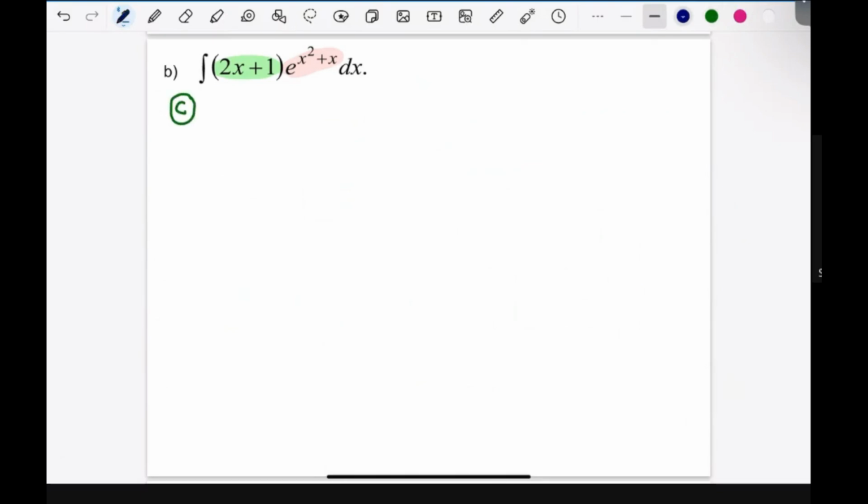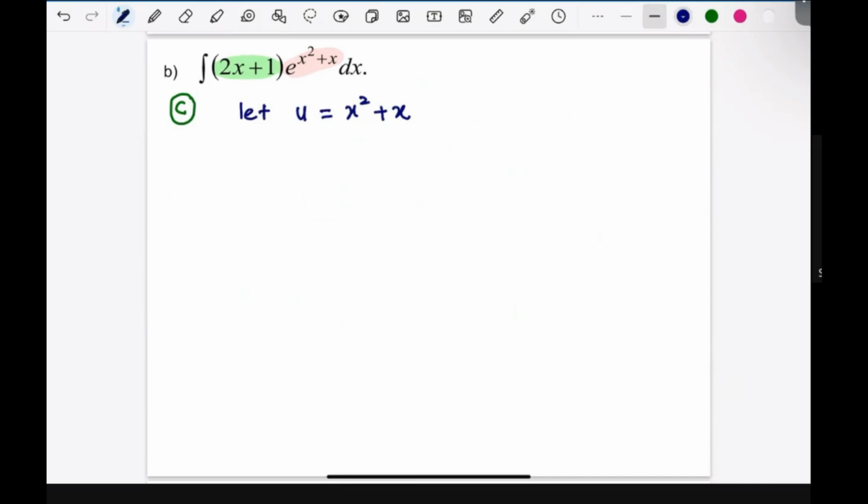Just now, C means we have to choose our U. So I let U. Okay, so between 2x plus 1 and exponent itself, it's obvious exponent is more complicated. But for exponent itself, you just have to take the power as your U. So in this case, this would be x squared plus x.